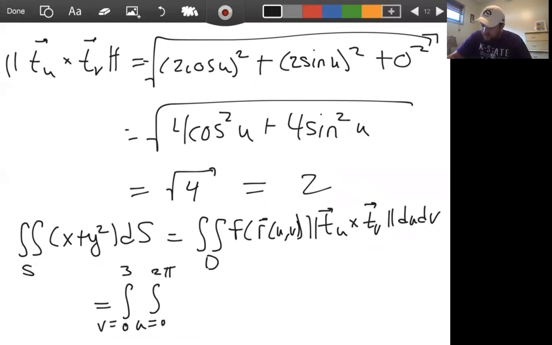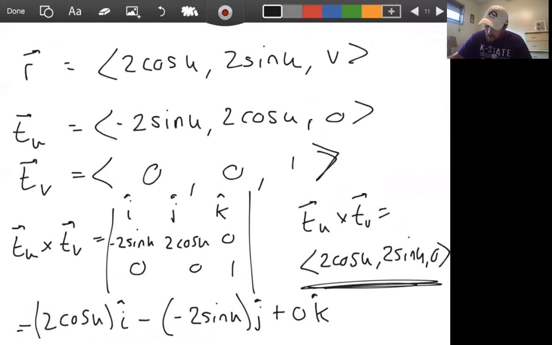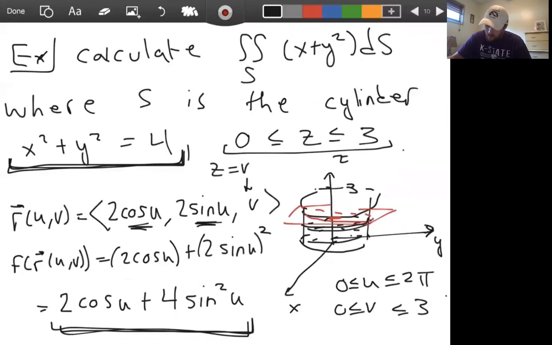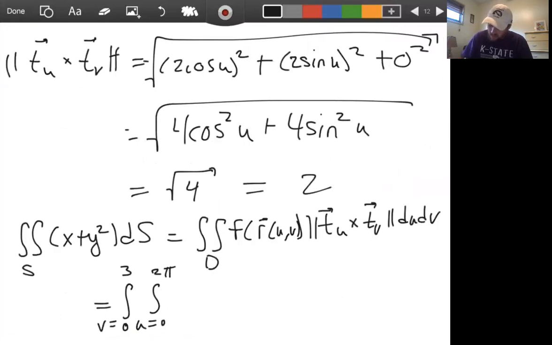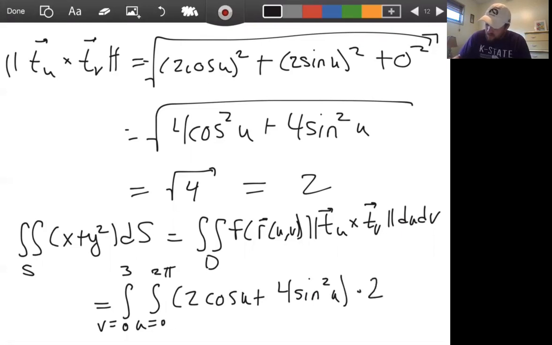And f of r of uv was 2 cosine u plus 4 sine squared u, times the magnitude of t_u cross t_v, which was 2, du dv.